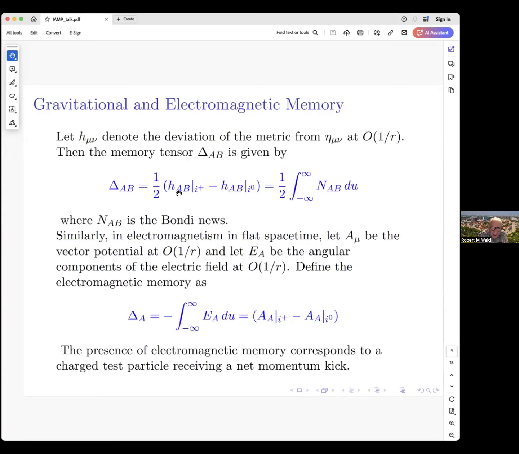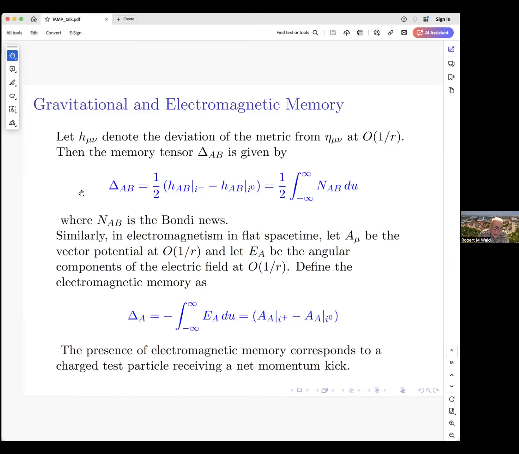And then we're saying that the angular components of the metric don't return to their initial values at asymptotically late retarded times as compared with their initial values. Here, I'm really working at null infinity, and I'm taking here the limit as you go to future timelike infinity along null infinity, and here I'm taking the limit as you go to spatial infinity.